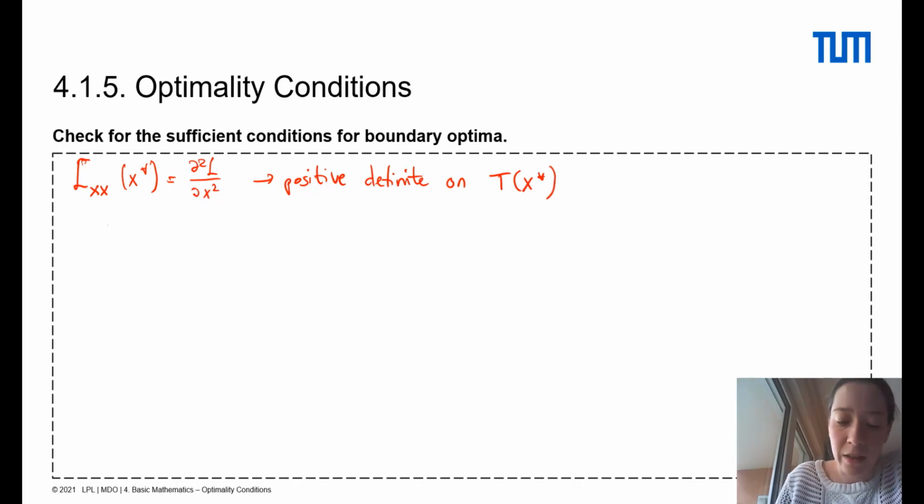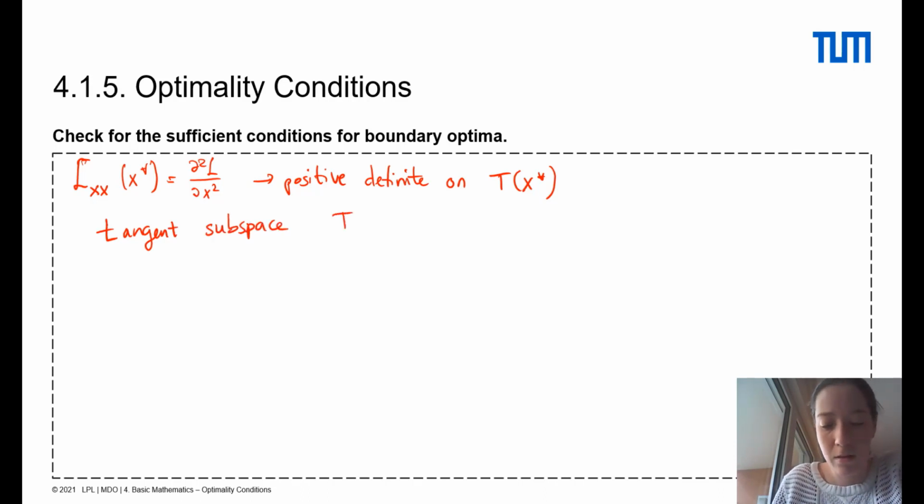And T of x star is our tangent subspace, which is defined by the vectors d, and they have to be unequal to 0.